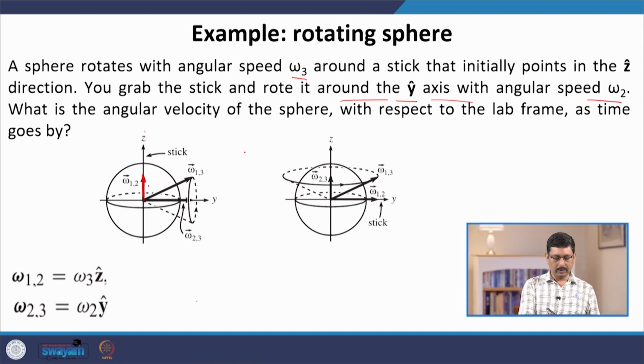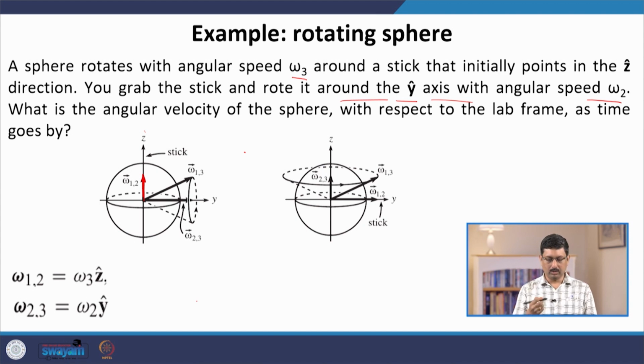Now, what you do is that you grab this stick and start rotating it around the y axis with angular speed w2. So, this is the stick which is now rotating about the y axis with a speed w2. Then the question is, what is the angular velocity of the sphere with respect to the lab frame?